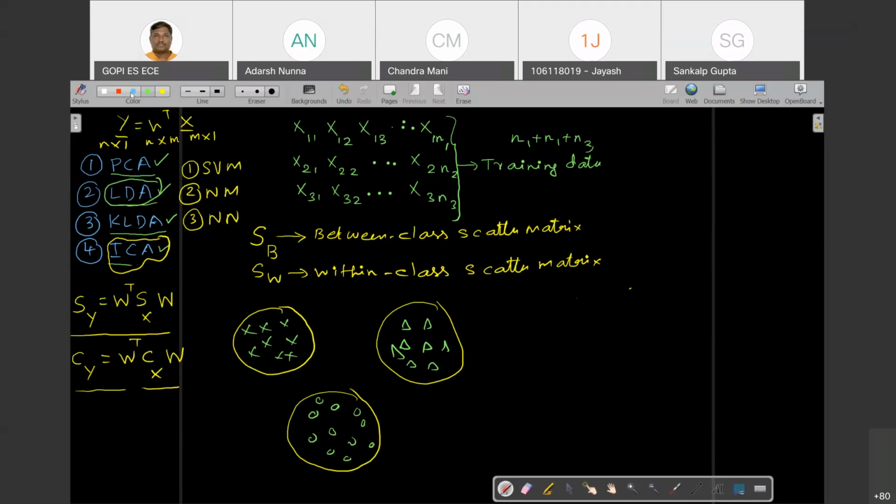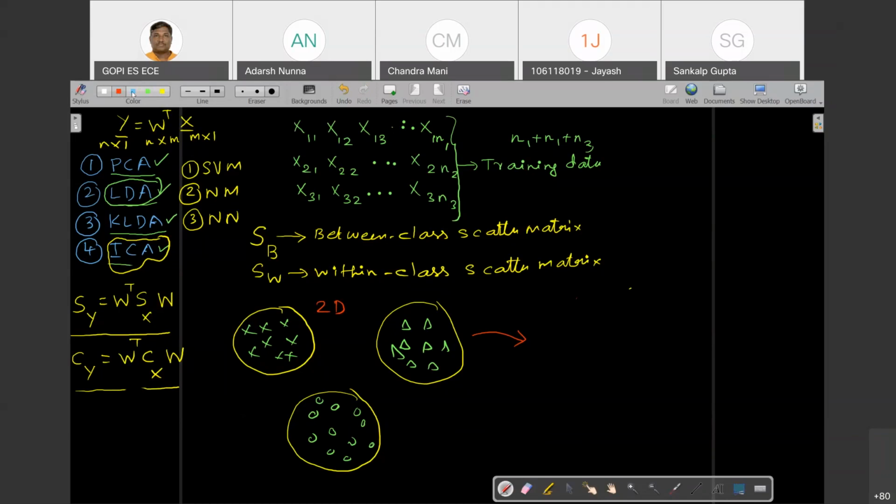So we have two objectives in this. After doing this projection to that dimension, we have two objectives. One is, after projection, you would like to make the vectors within the class come closer to each other. See, this is 2D, so the only choice after doing this projection is going to be 1D.